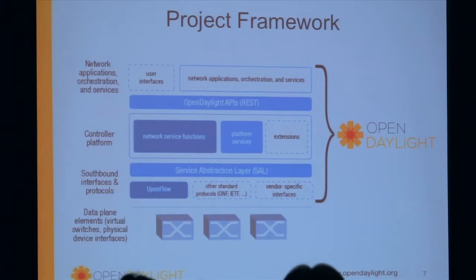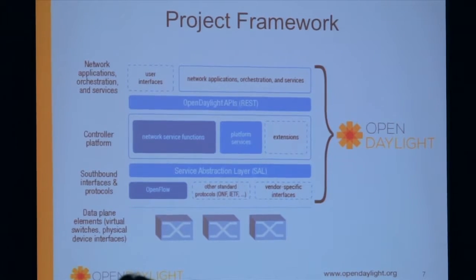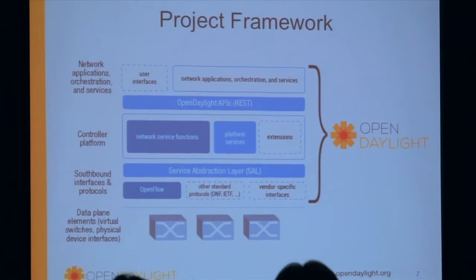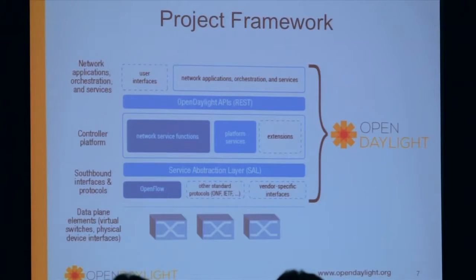This is a nice, simple picture that gives you some notion of the architecture. At the bottom, there are network elements. Above that, you have southbound interfaces and protocols that allow you to talk to those network elements with OpenFlow or other protocols. You have a service abstraction layer that abstracts those things to generic capabilities.